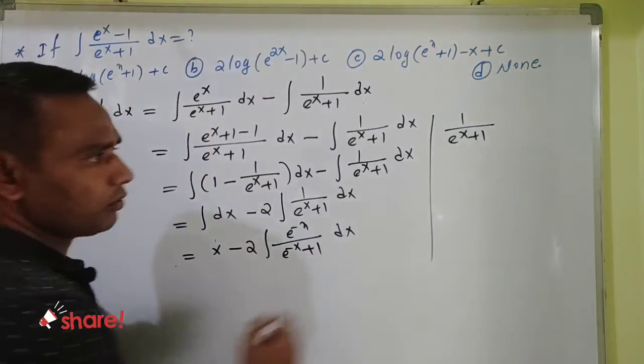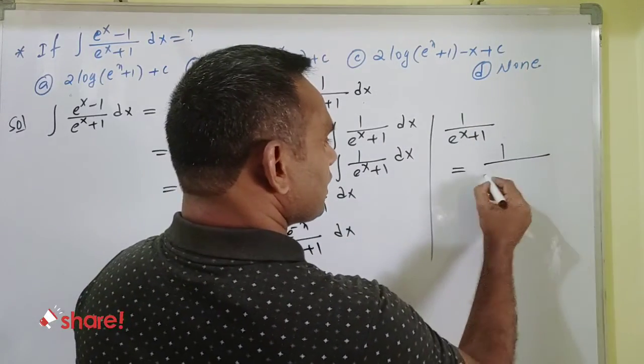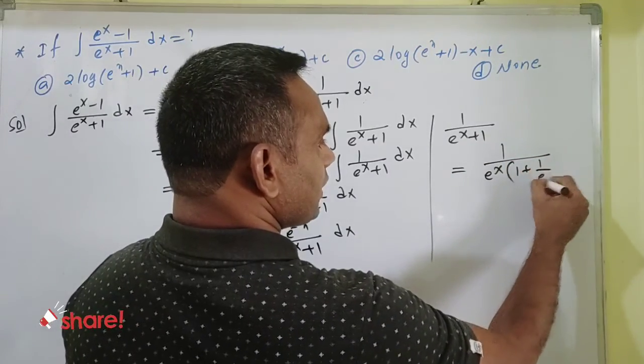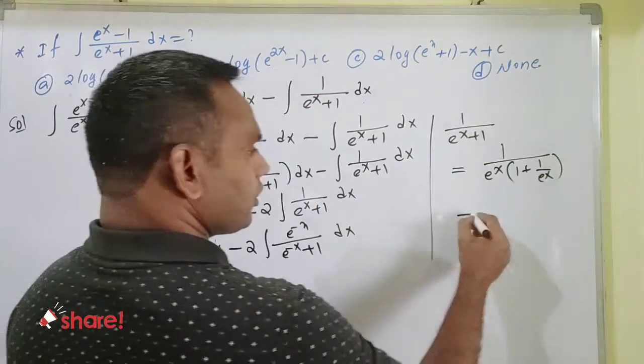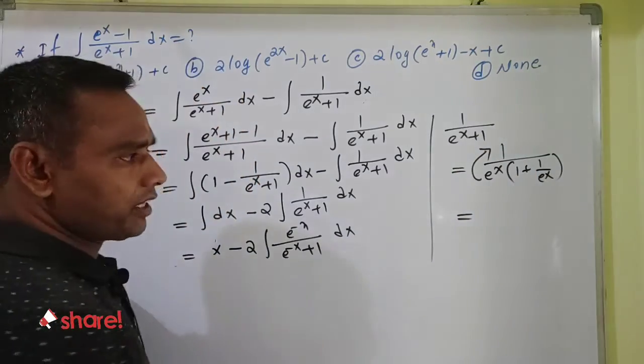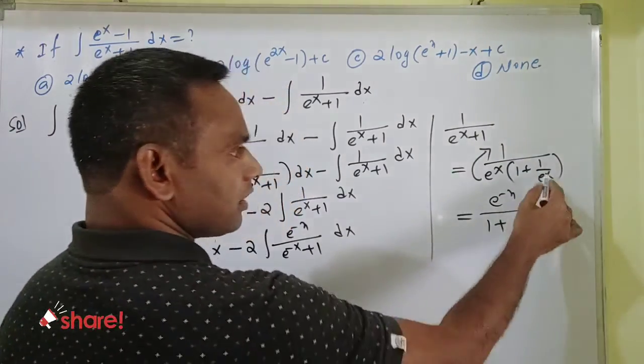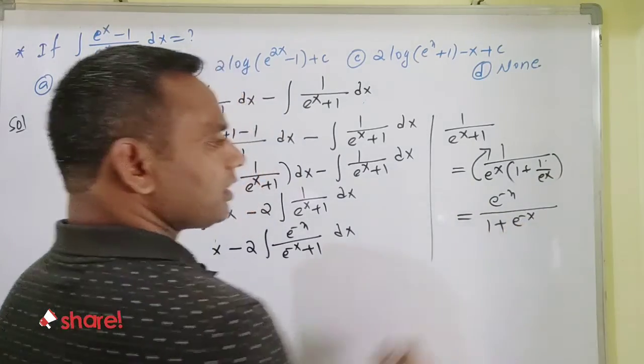Take e^x common in the denominator: 1 plus 1 by e^x. Now e^x goes to the numerator, that means e to the power of minus x, so it is 1 plus 1 by e^x.